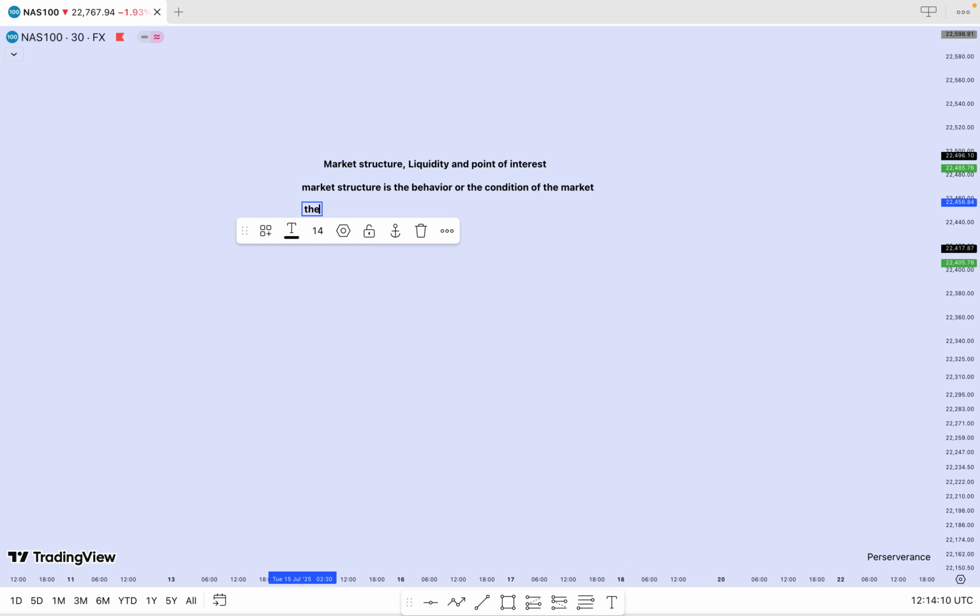So there are two types of market movement, which is the trending market and consolidating or ranging market.